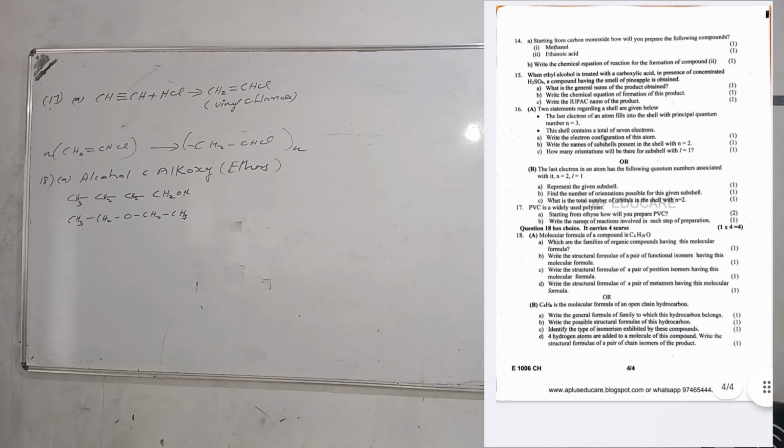And the third question, question number C. Write the structural formula of a pair of position isomers having this molecular formula. Position isomers have the same functional group but different positions.